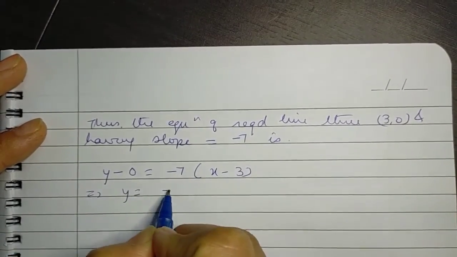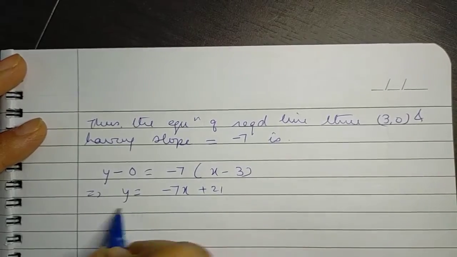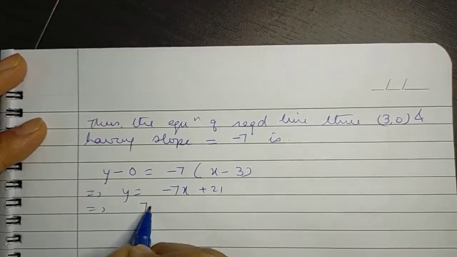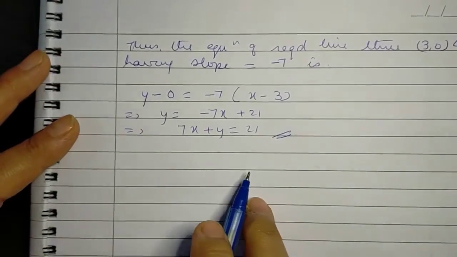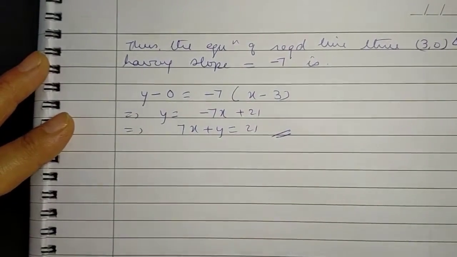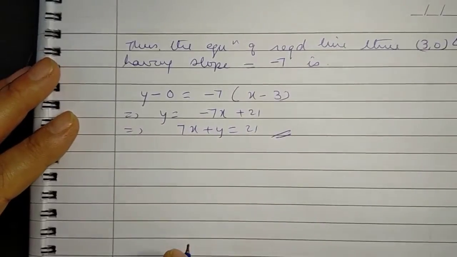Solving we get y is equal to minus 7x plus 21, or 7x plus y equal to 21 is the required equation. The same way you can try out the other questions also.